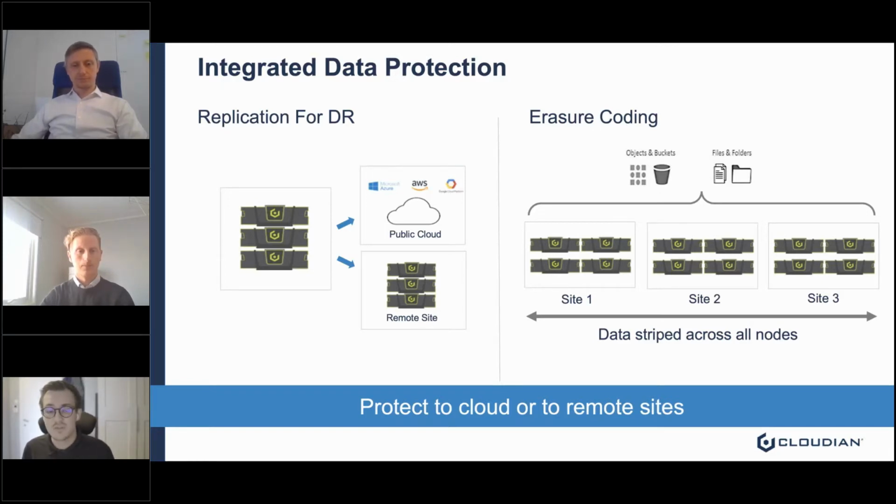But you can also do geo-distributed solutions, spreading a Cloudian cluster, an object storage cluster, between multiple different data centers, for example, or different regions or different countries. And then you have really great security in terms of logical failures. You can lose entire data centers and still be able to bring out your data and also write new data in the system. So security is, of course, really important.